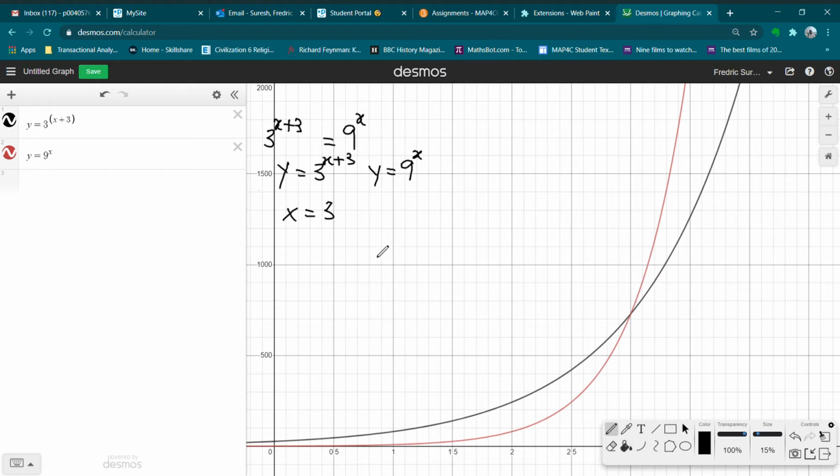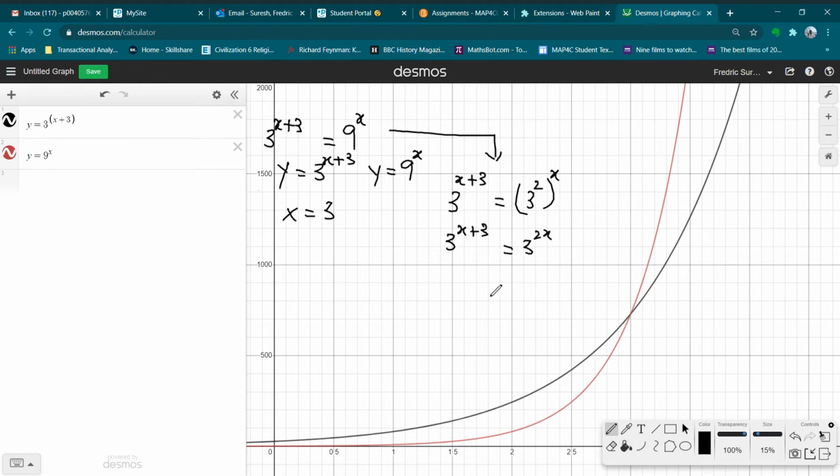You might have solved it using equations in another way, so I'm going to show you that here. This is 3 to the power of x plus 3, and I'm going to write the 9 as 3 squared, so 9 to the power of x is 3 squared to the power of x. So 3 to the power of x plus 3 equals 3 to the power of 2x.